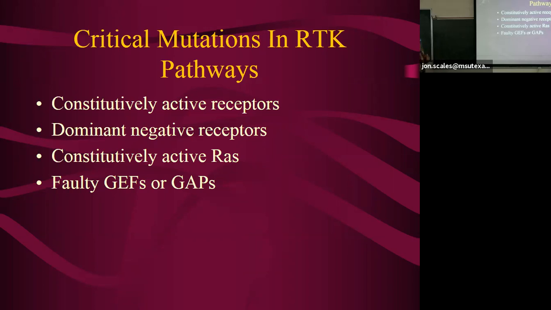Okay, if the receptor was simply on or could dimerize without the ligand, it would essentially be running rampant, and that's a constitutively active situation. So you can have receptors that are essentially activating the signal cascade without any signal. You can also have constitutively active members of any part of that signal transduction cascade.